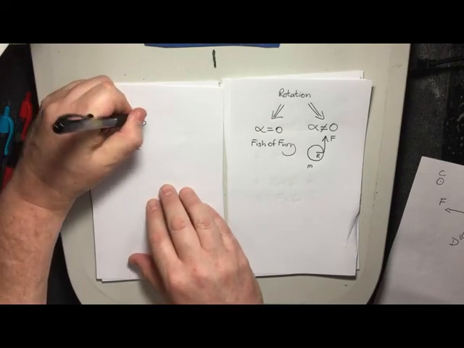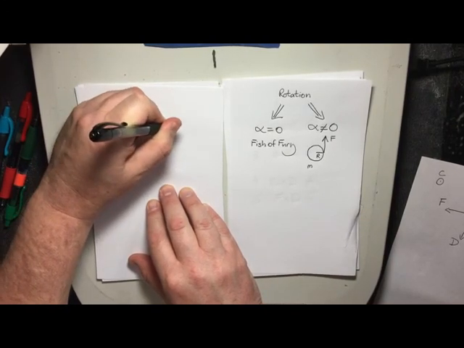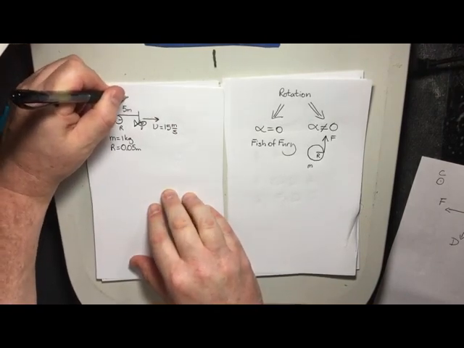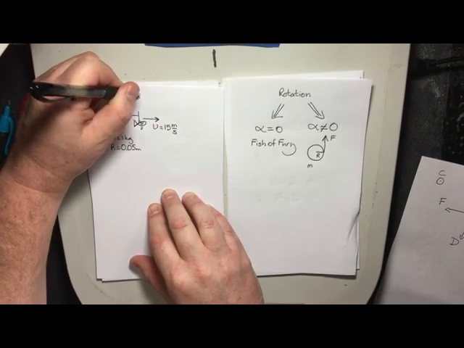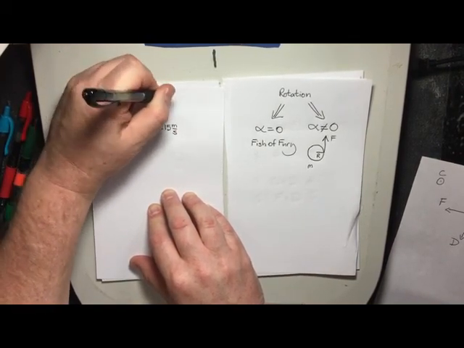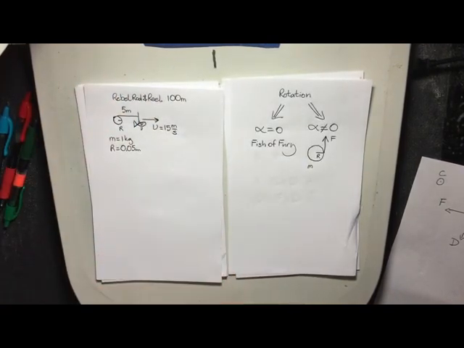And the fish of fury moves to the right with a velocity of 15 meters per second. Now the Rebel rod and reel, if you read the box, has 100 meters of line, which means if 5 meters have been cast out, you got 95 meters left.